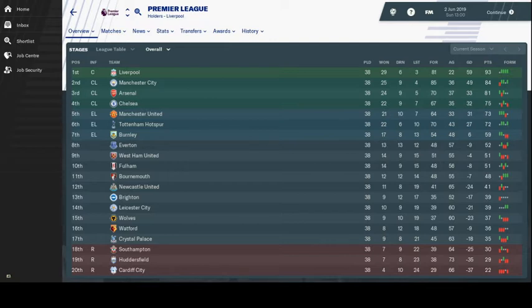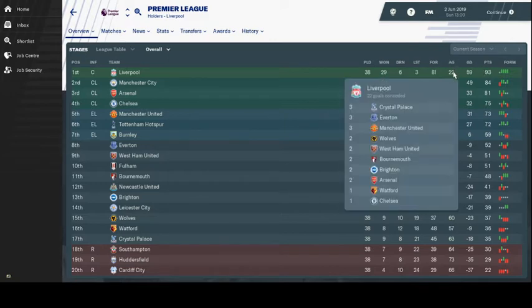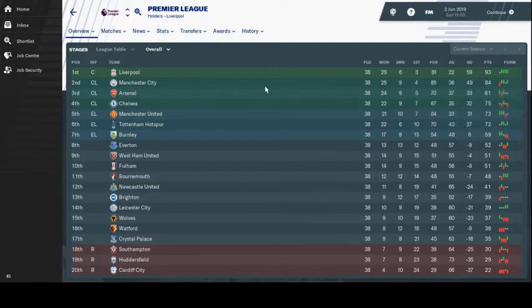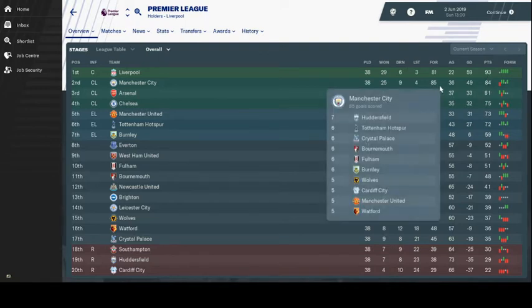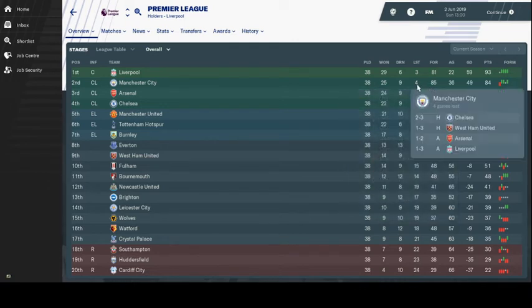As you can see, Liverpool won the league by 93 points, scoring 81 goals, conceding 22, and only losing 3 matches. Manchester City finished second with 84 points, scoring 85 goals, conceding 36, while losing 4 matches.